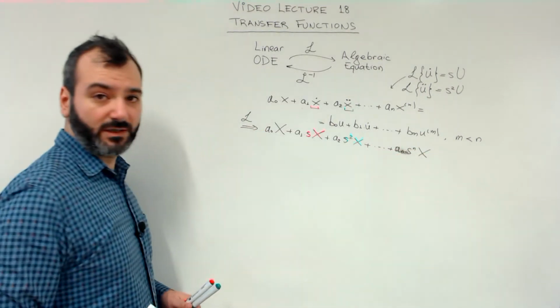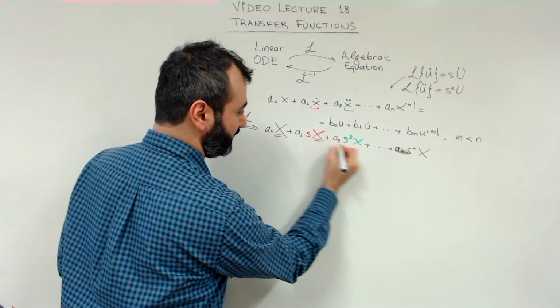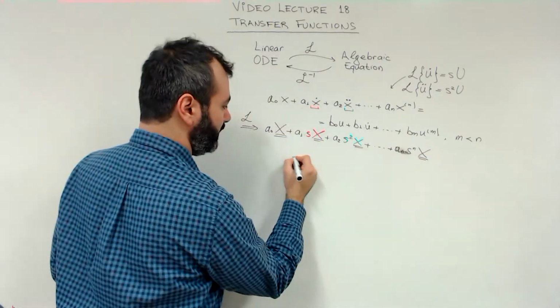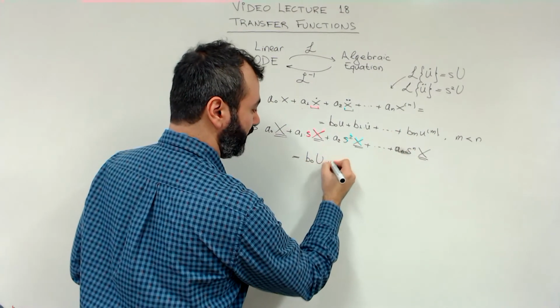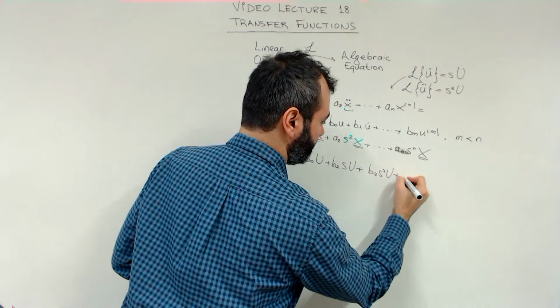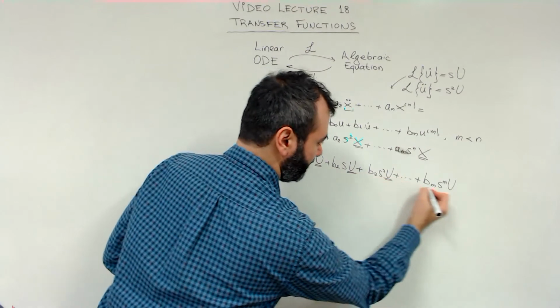And the last term here is an s to the n power times X, and we see we have X here everywhere. So this is equal, now the right hand side becomes b0 U plus b1 s U, and again on the right hand side we have U everywhere.